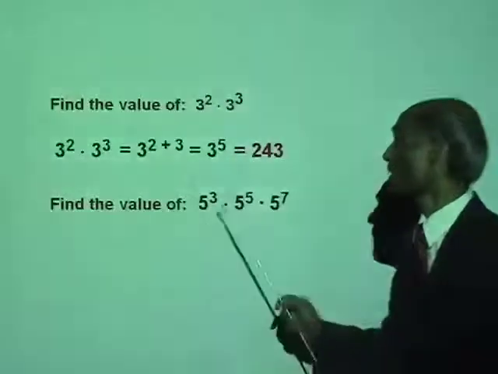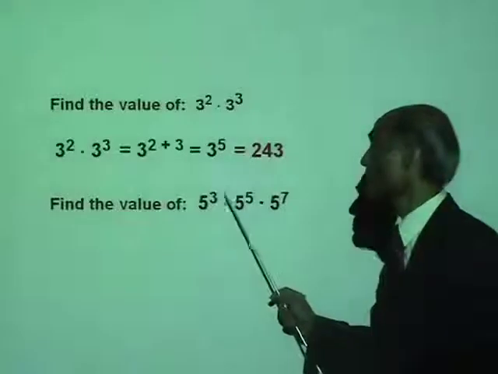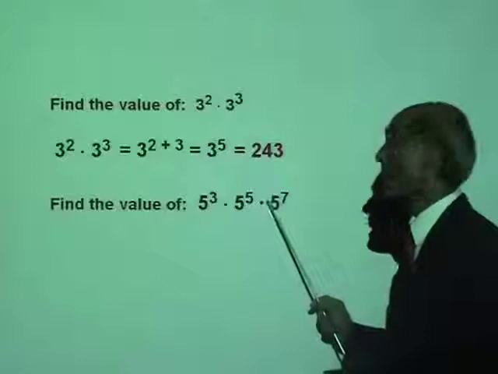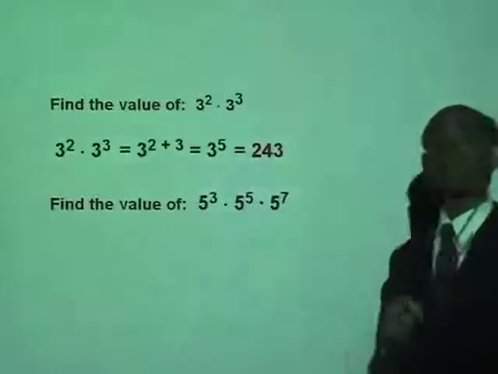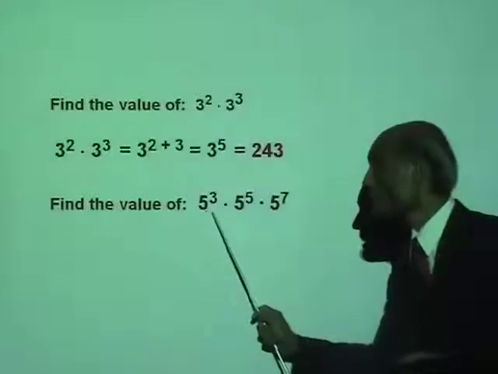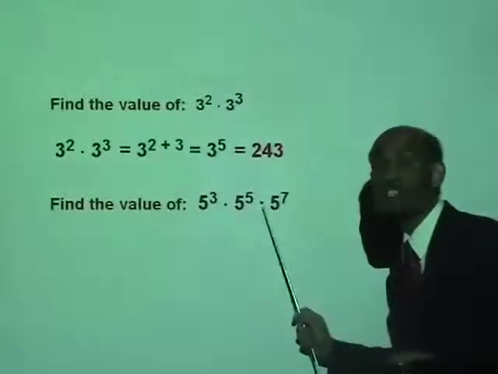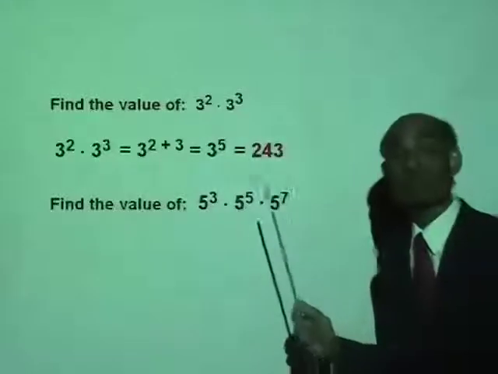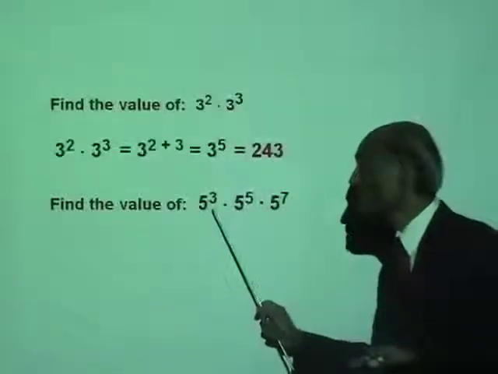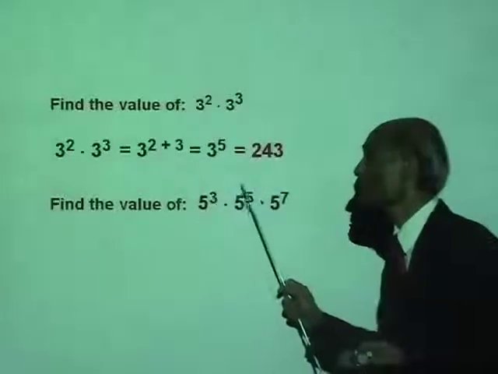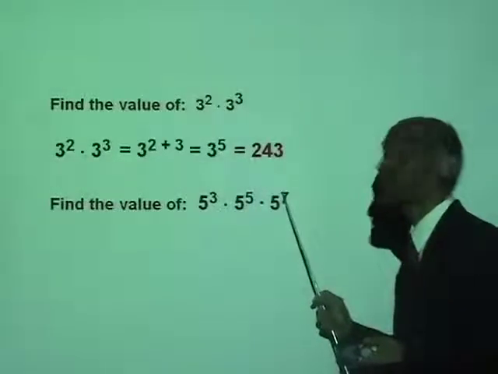Find the value of 5 to the power of 3 times 5 to the power of 5 times 5 to the power of 7. Now here, you have 3 expressions with the same base multiplied. What will this be? This will be the same base raised to the power of 3 plus 5 plus 7.